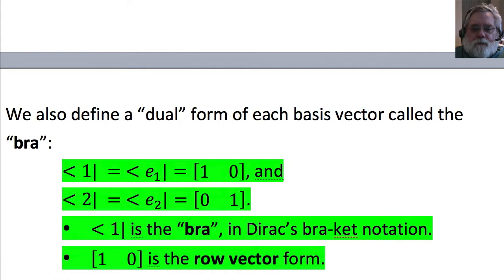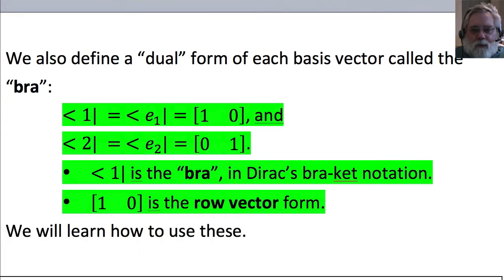We're also going to define a second form, a dual form of each basis vector called the bra. And we've seen this before, but now we're going to see it more concretely. So we define ket 1, we're also going to have bra 1, and it is going to be a bra of basis vector e sub 1, and it is going to be a row vector 1, 0.